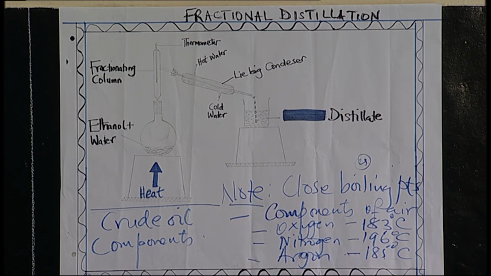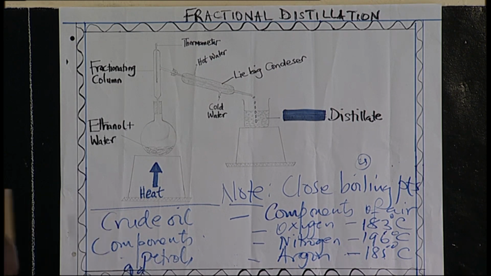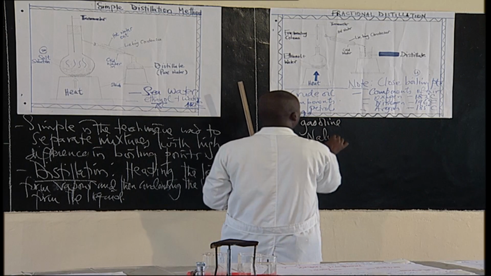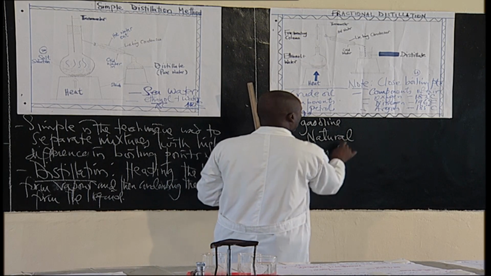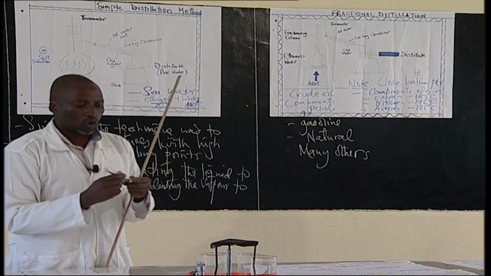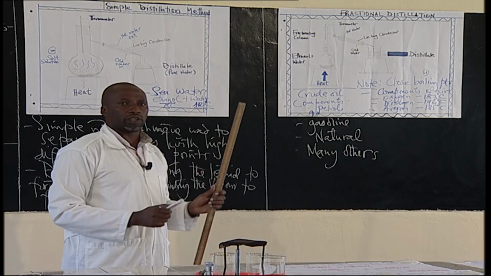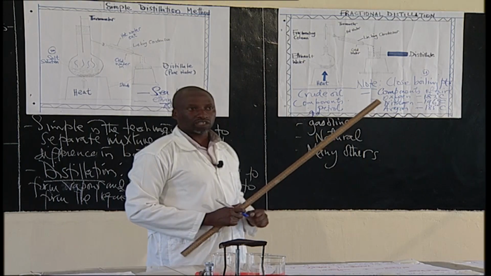We have petrol, we have gasoline, we have even natural gas, and many others. These substances have close boiling points. Those are the components of crude oil. So they can be separated by fractional distillation.